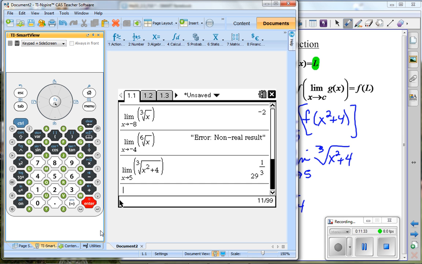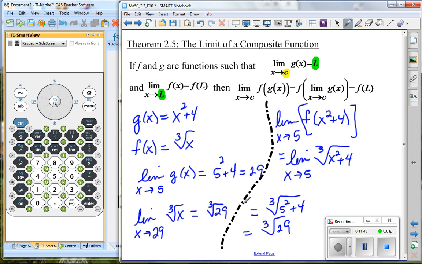And our answer is the cube root. Remember, we have 29 to the 1/3 power, so that would be the cube root of 29. Okay, so that's how we're going to deal with the limit of a composite function.